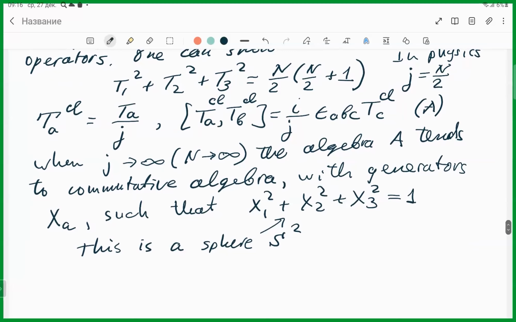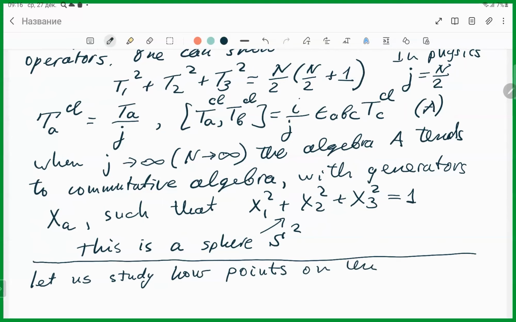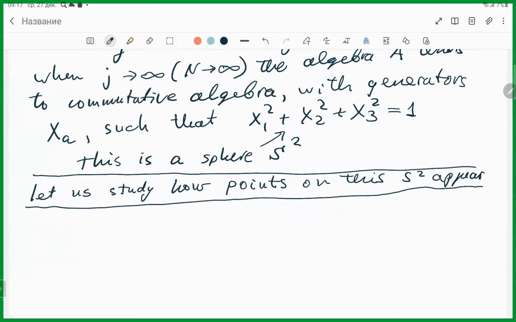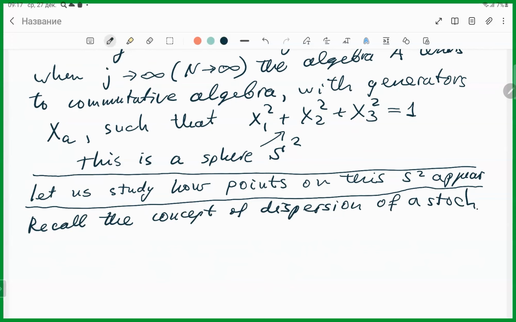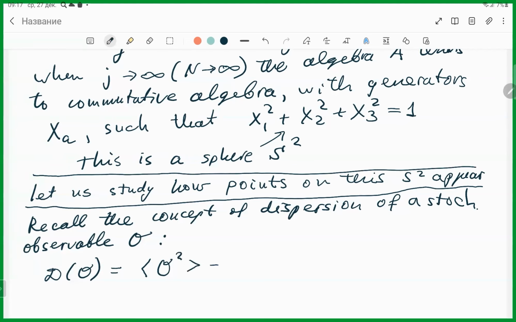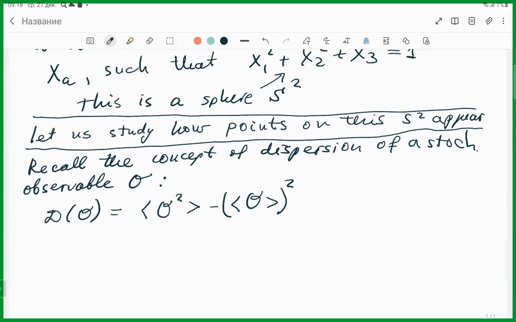It is interesting to study how points on this S2 appear. To do this, let me recall the concept of dispersion of a stochastic observable O. Dispersion of O equals the average of O squared minus the square of the average of O. If the observable is not stochastic, then the dispersion is clearly 0.